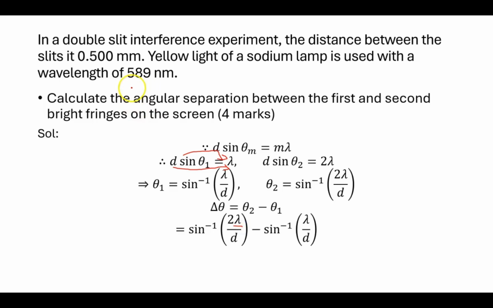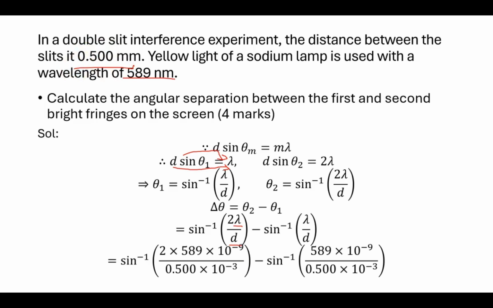This lambda is the wavelength given to you here, and the d is the separation between the slits, also given to you here. So now you just substitute all the values in. The only thing you need to be aware of is the units. This lambda is given in nanometers, so you need to multiply by a factor of 10 to the power of negative 9 to get the value in meters.